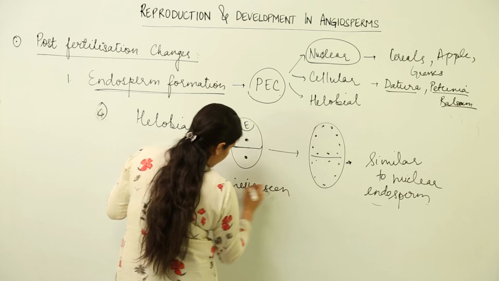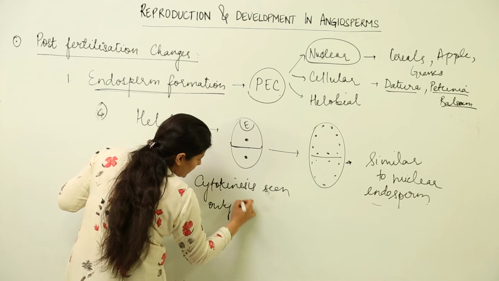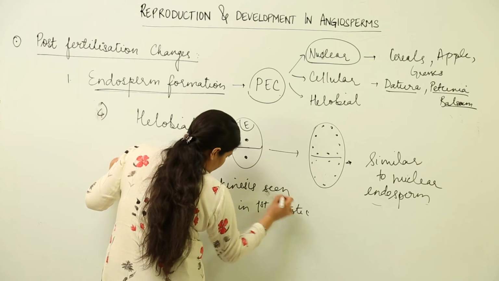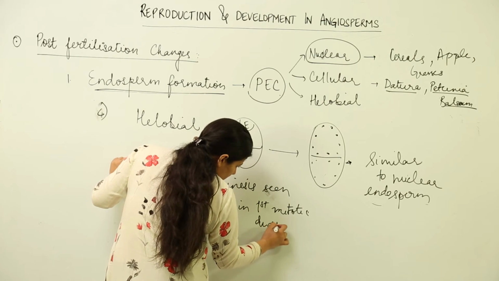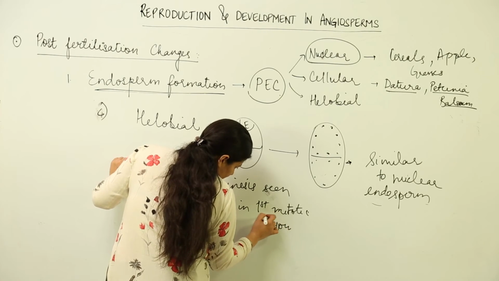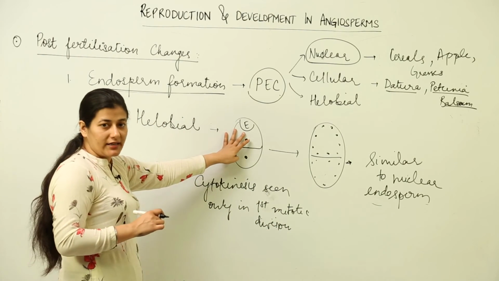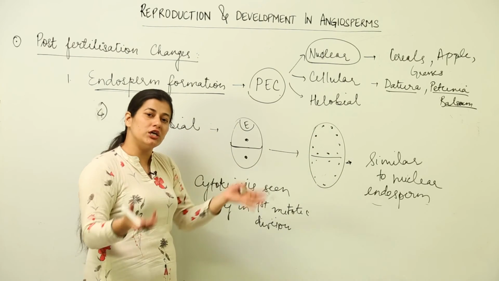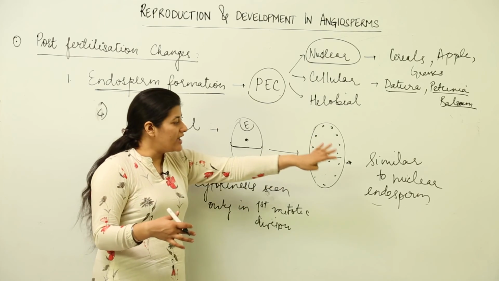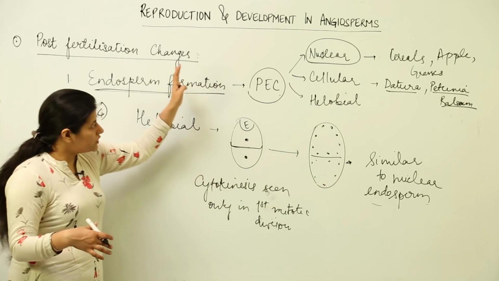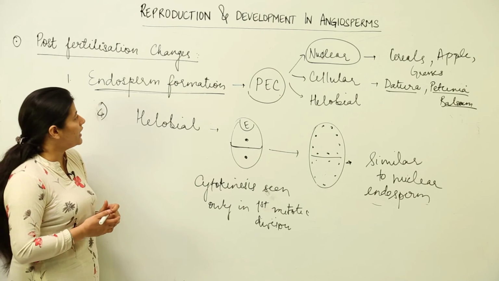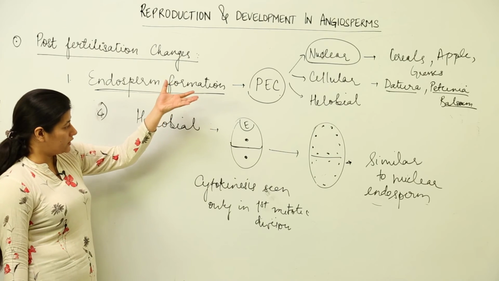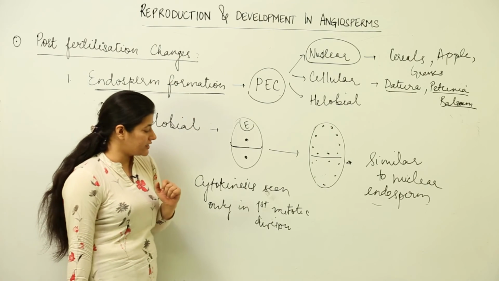So cytokinesis is seen only in the first mitotic division within the endosperm. And once the division has taken place and resulted in 2 cells, one at the chalazal and the other at the micropylar end, we have 2 different cells in which the nuclear divisions are similar to those seen in the nuclear endosperm. So this is what you have to learn in endosperm formation: how it takes place, and what all the types of different endosperms are that are seen.